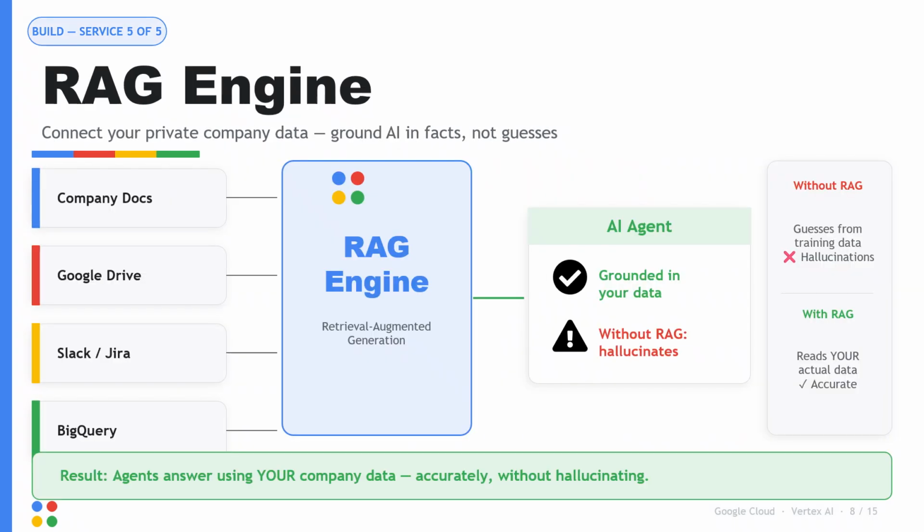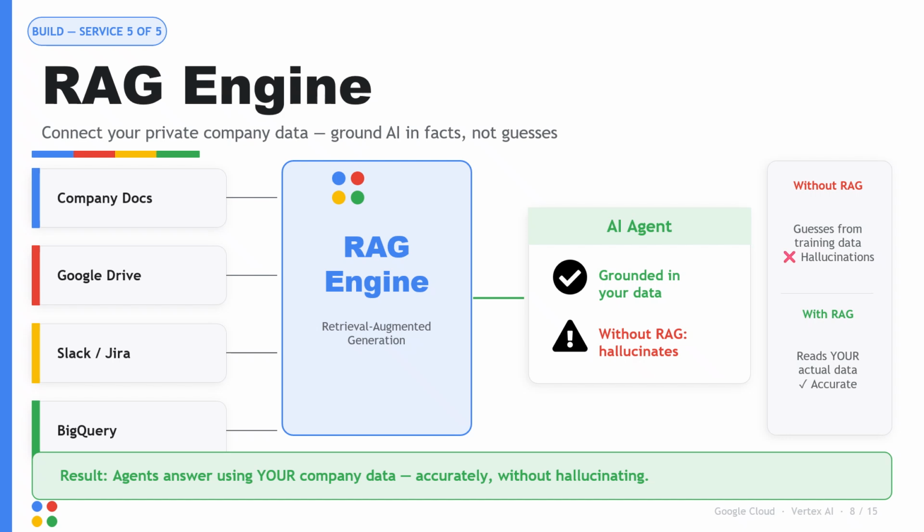AI models are powerful, but out of the box, they only know what they were trained on. They don't know your company's internal documents, policies, or customer data. That's where RAG Engine comes in. RAG stands for Retrieval Augmented Generation. Instead of asking the AI to answer from memory, RAG Engine first searches your private data, company docs, Google Drive files, Slack messages, BigQuery tables, retrieves the most relevant information, and then gives that to the AI to generate an accurate answer.